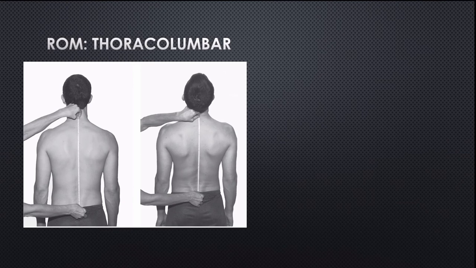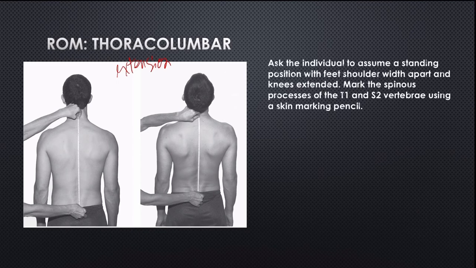Okay, so for extension, it's somehow the same, but this time around, instead of bending forward, you bend backward, just like the picture here. So still the same from your T1 to S2. S2 is very easily found because of the dimple of Venus.